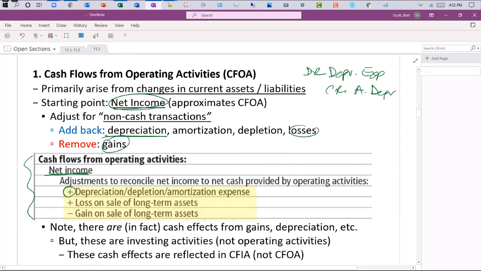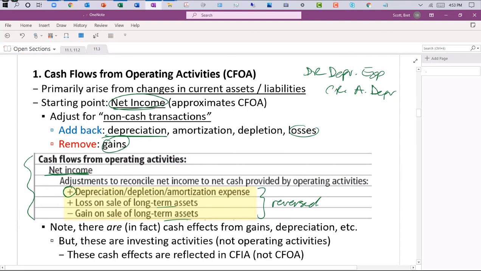Losses and gains from the sale of long-term assets, those also have to be reversed out as well. And the general idea behind this is depreciation on equipment, gains and losses from the sale of equipment. Those do have cash effects, but those cash effects are recorded in the cash from investing activities section of the statement of cash flows. So one of the reasons why we're removing them from net income is because one, they're on there.